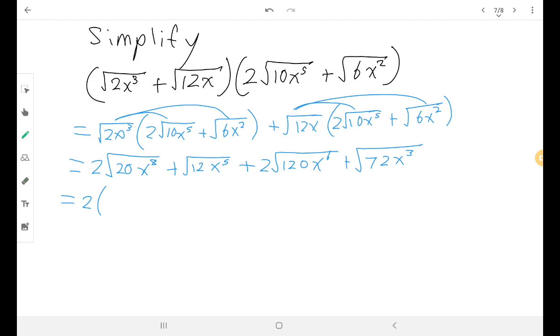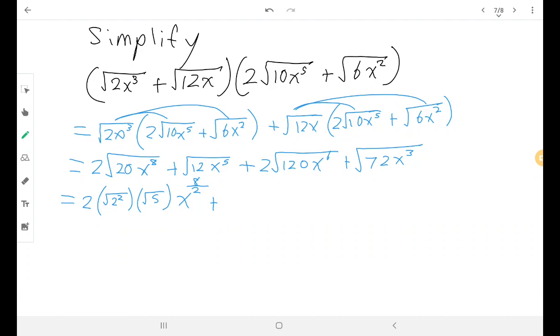Instead of writing the square root of 20, I'm going to write the square root of 2 squared times the square root of 5. And then I'm going to write this square root of x to the 8th as x to the 8 over 2. Remember, this is the top, and what the root is tells you the bottom of the fraction. Okay?